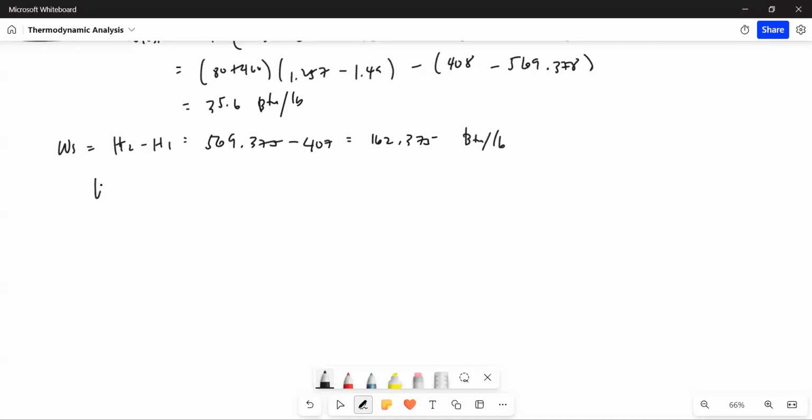For a work requiring process, it's important to remember that the work actual is the sum of the work ideal plus the sum of the work losses.